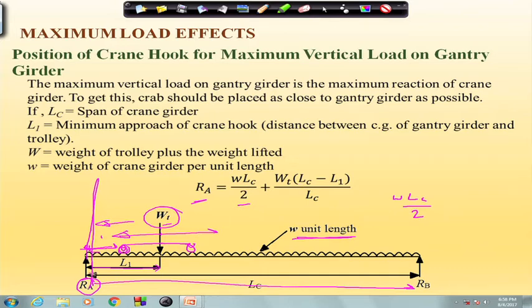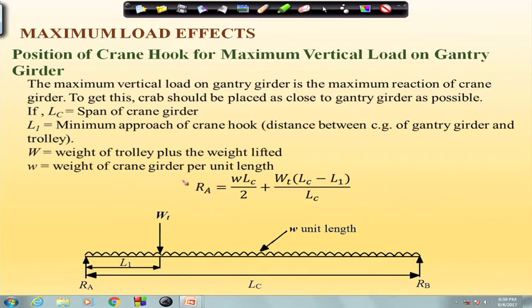Another is, if I take moment through this point, then I can see R A into L C is equal to W T into L C minus L 1. So, from that I can find out R A is equal to W T into L C minus L 1 by L C. So, total R A due to crane load and the wheel load will be W L C by 2 plus W T into L C minus L 1 by L C. From this equation also we can see that maximum R A can be achieved when L 1 is least, right.